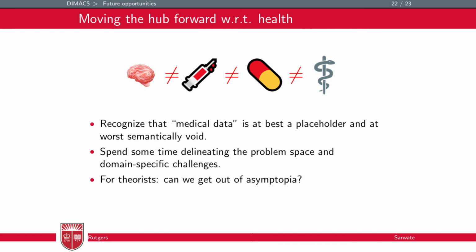And so the theory question I think is the most pressing on my end is, can we figure out how to get out of these asymptotic regimes, and can we actually figure out what's going on in the finite sample setting in a way that speaks to the kinds of data that we have in this setting?